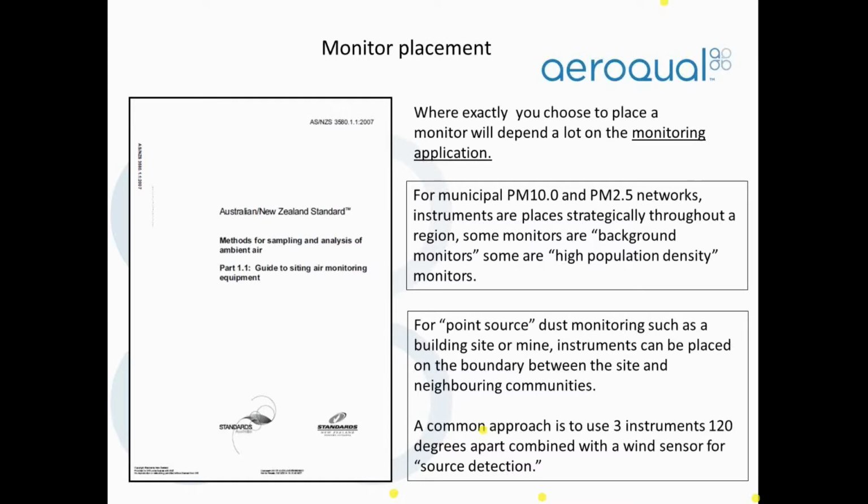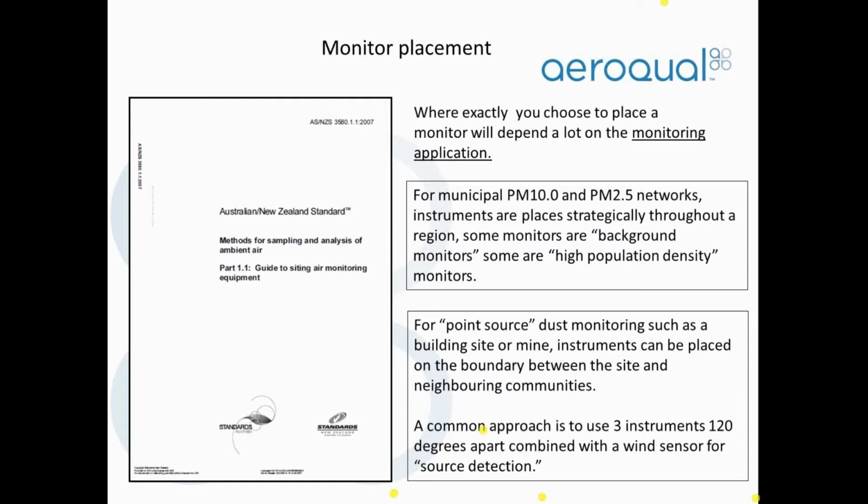I'm only going to mention once on one slide about monitor placement. There's a really good Australian-New Zealand standard which talks about siting air quality monitoring equipment. Where you choose to place a monitor is going to depend a lot upon the monitoring application. Again, for municipal PM10 and 2.5 networks, instruments tend to be placed strategically throughout a region.